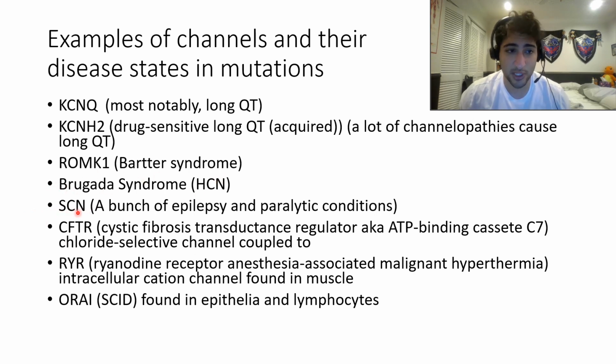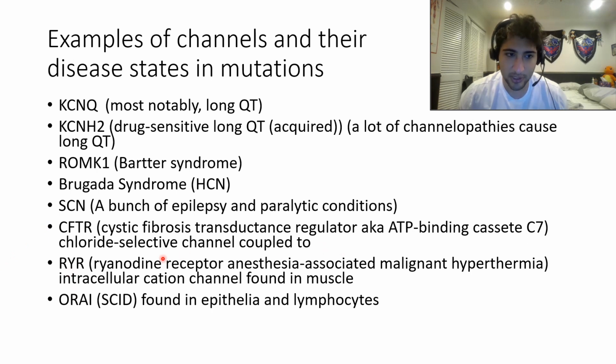You have the sodium channels, SCN channels, which predispose you to a bunch of things: epilepsy, paralytic conditions. There's one sodium channel deficiency, I think it's NaV 1.7, where you don't feel pain at all. Cystic fibrosis transmembrane conductance regulator, aka ATP binding cassette C7, is the chloride selective channel.